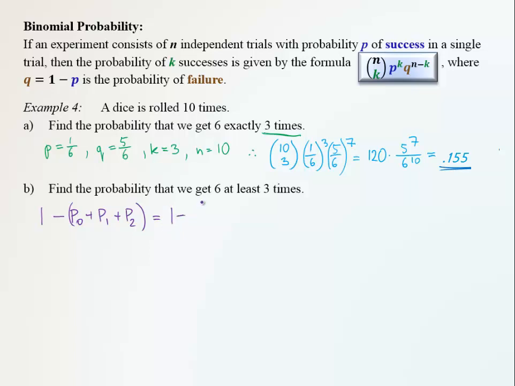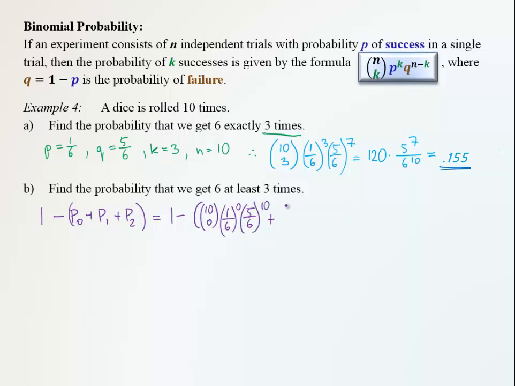Okay, 1 minus P0. If k is 0, we have 10 choose 0. Our probability of success is 1/6, but it is to the 0. No successes. Failure 5/6 to the 10.